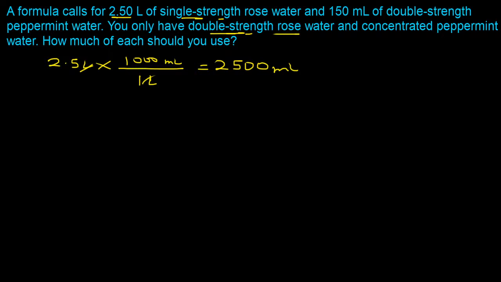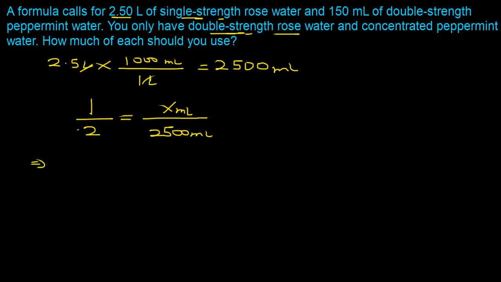But having said that, since we know it's a 1 in 2 parts, then we know that for every single part of the double strength, you end up with 2 parts of solution. Then we can set up the proportion and say, how many milliliters do I need if I want to make 2,500 milliliters?